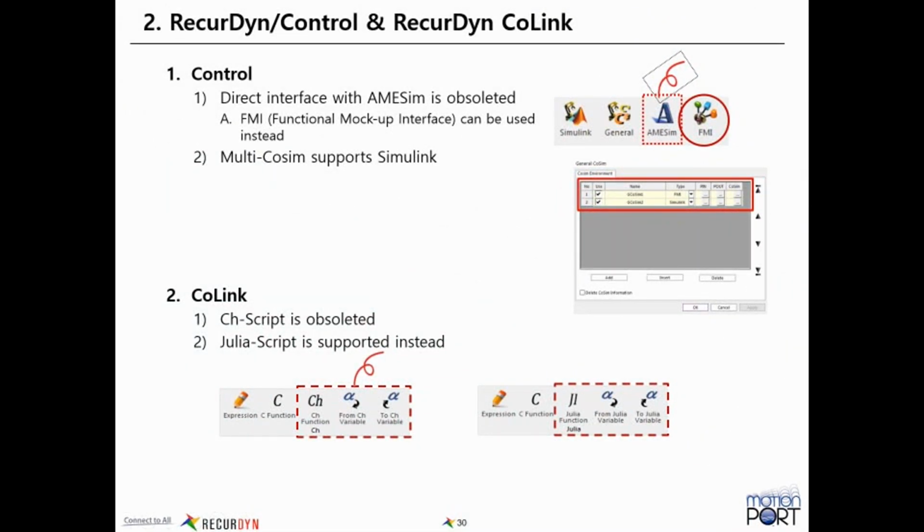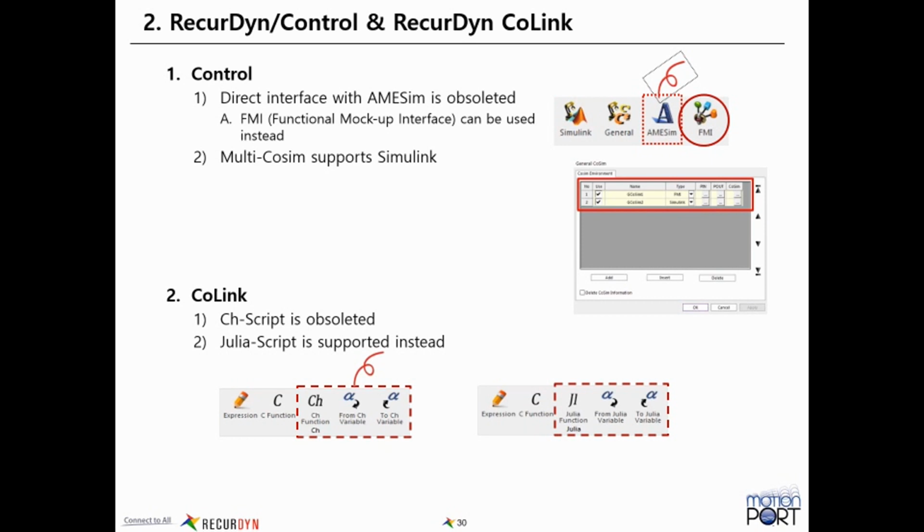For the RecurDyn control and RecurDyn CoLink interfaces, in RecurDyn control in V9R3, the direct interface with AimSim is now obsolete, and that's been replaced with FMI, the functional mockup interface, which is a standardized way of allowing different programs to communicate with each other.